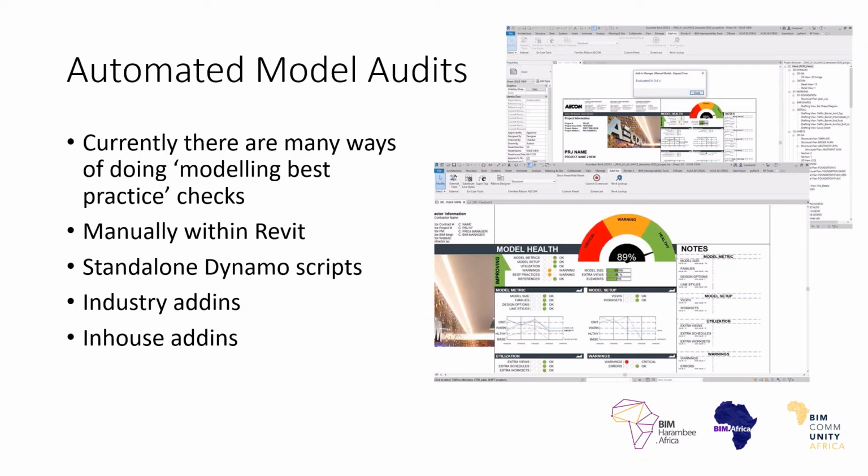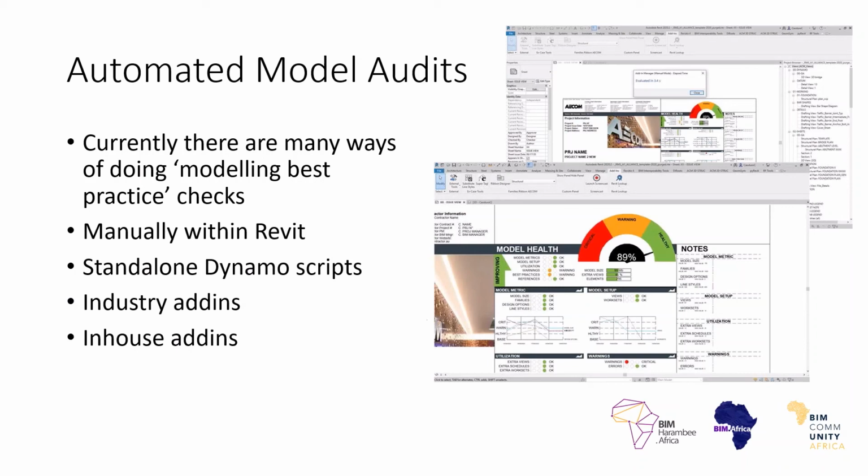So the screen grabs that I've got on the right here is the ACOM's current version. We've gone through a couple of iterations of how we do model analytics. But this is one of the latest ones where one of our guys in one of our international teams has produced a Revit add-in, and then that add-in basically runs a series of Dynamo scripts, and then feeds you back information in a dashboard, essentially within a startup page within a Revit environment.